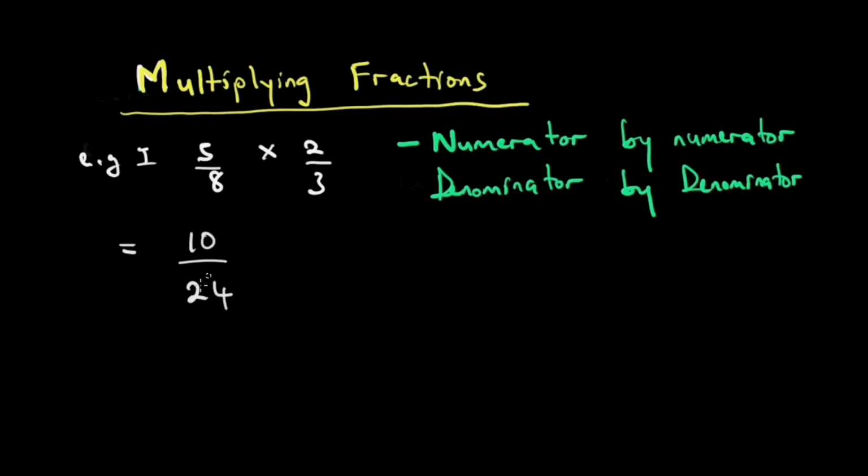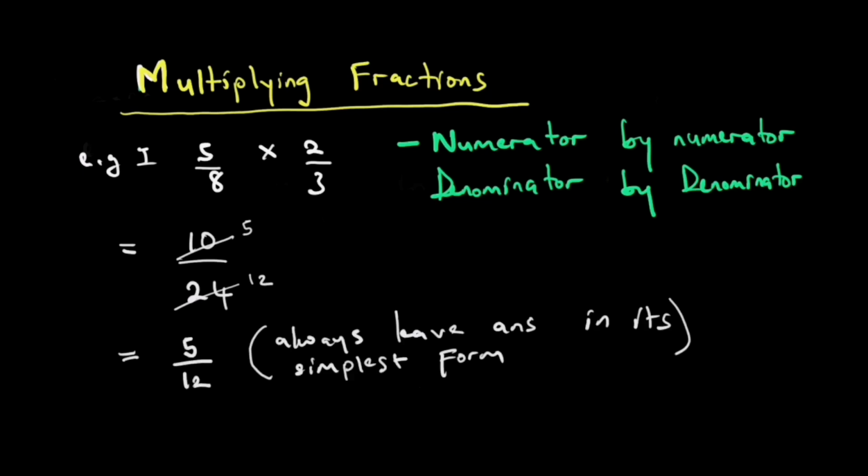But looking here, we see that our answer is not in its simplest form. If we divide by 2, 2 into 10 gives 5 and 2 into 24 gives 12. So our final answer is 5 over 12. You should also remember that if you do not do this, you lose marks.